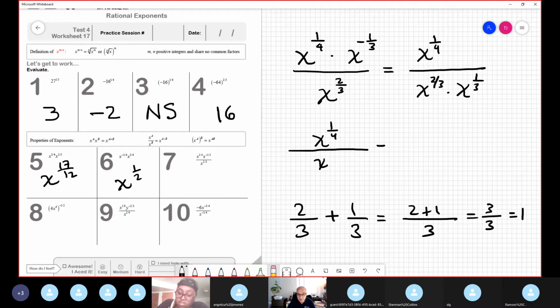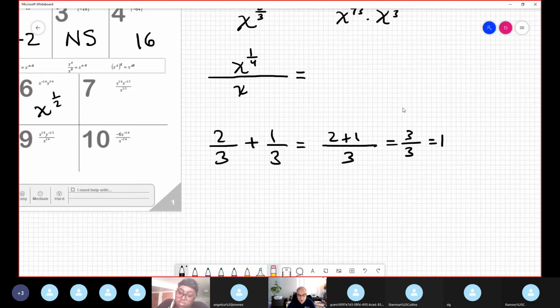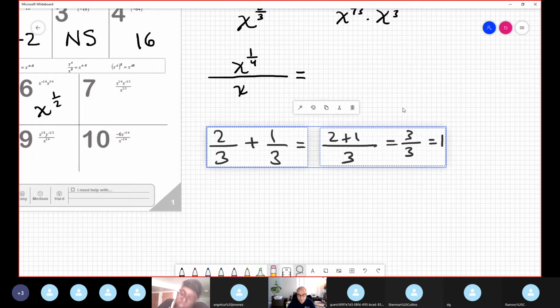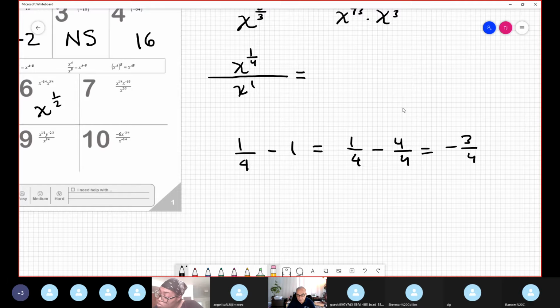Finally, division, and division is subtraction. Let me erase at least that part. So 1 over 4 minus 1, which is 1 over 4 minus 4 over 4, right? It's minus 3 over 4.